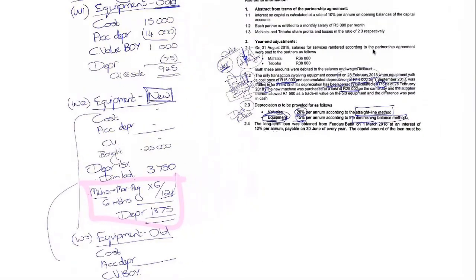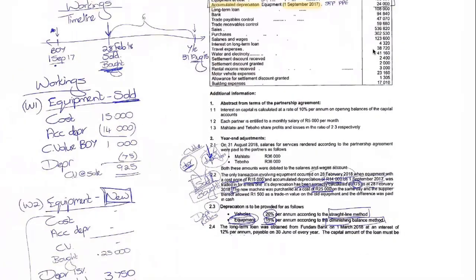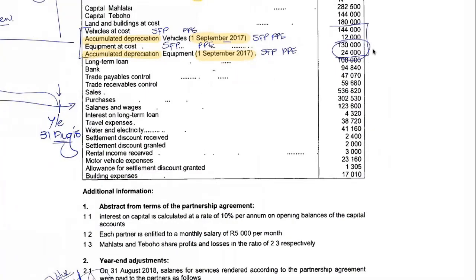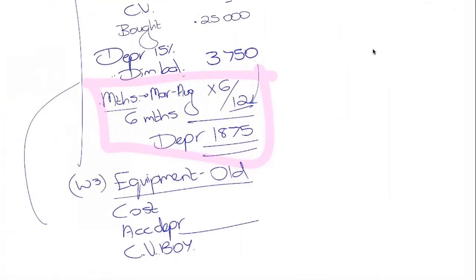Now, my old equipment is the stuff that was on hand at the beginning of year, which is 130,000 and 24,000. Which is going to give me the carrying value of the stuff that I had on hand at the beginning of the year.